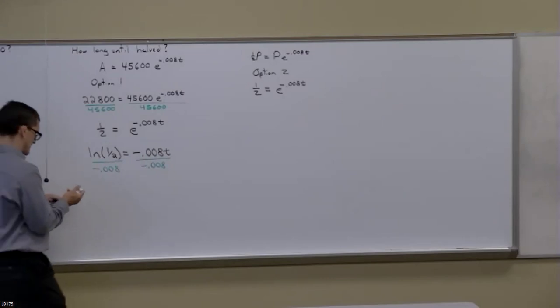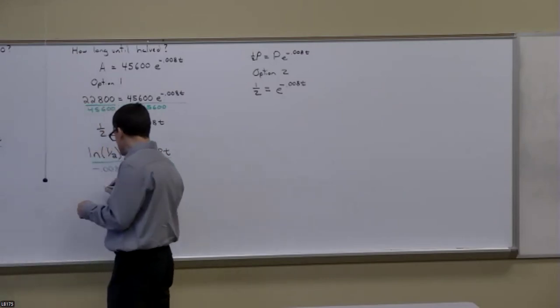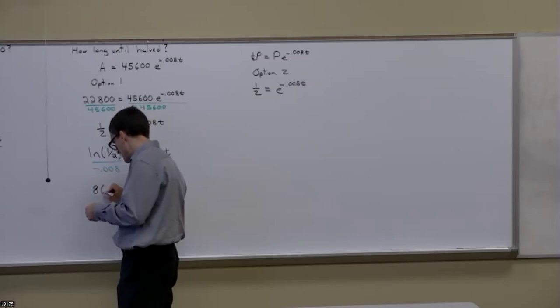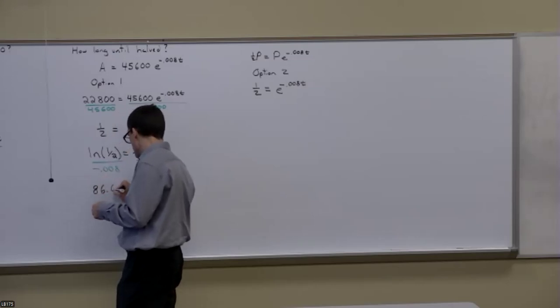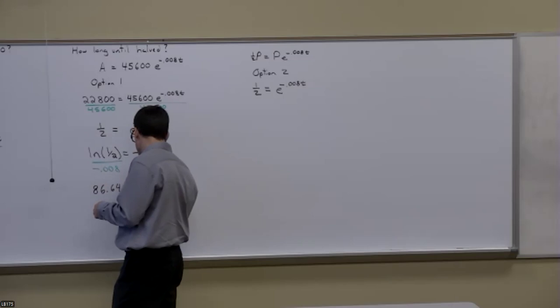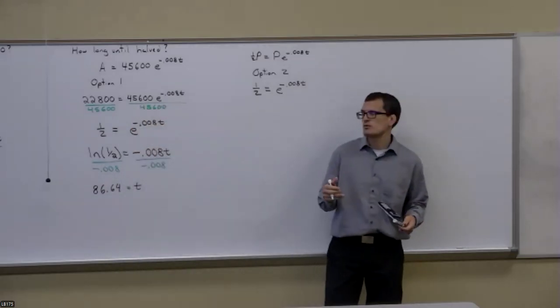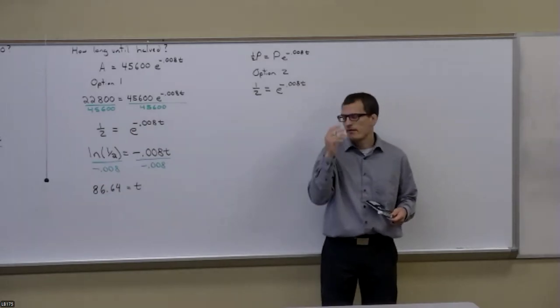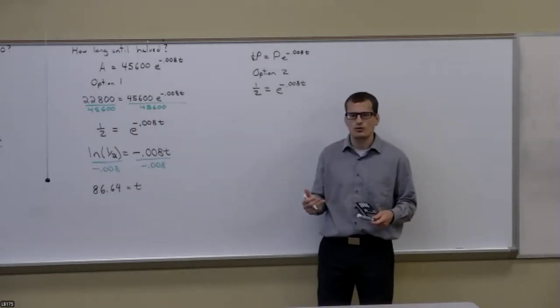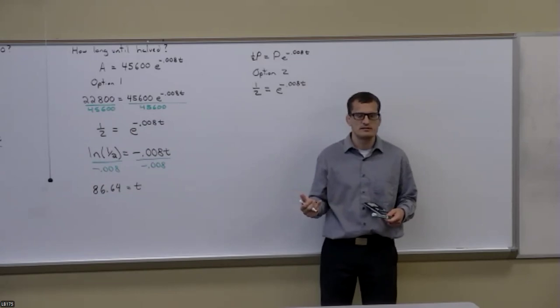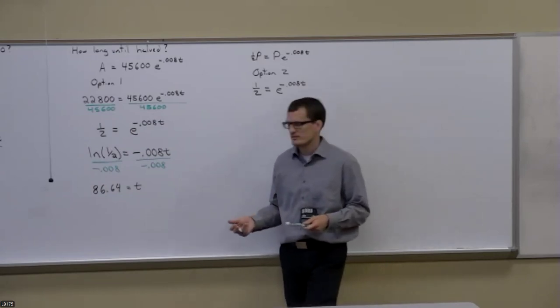When I did that, I ended up with 86.64. And that means the population will get cut in half 86.64 years beyond 1995.